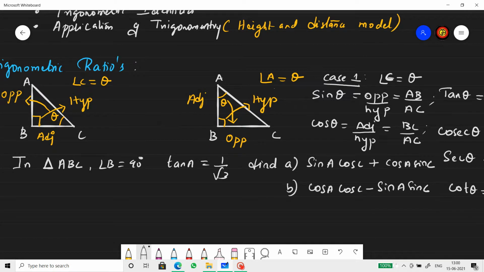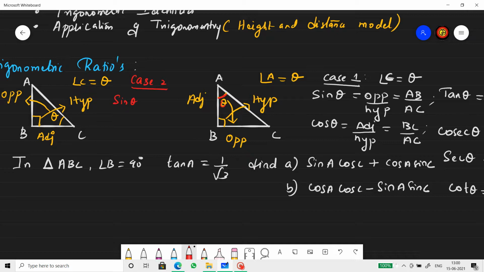Alright. Now, when the triangle is this way, where the angle is at theta, sine is opposite by hypotenuse, but the opposite is BC. So, when I take the case 2 diagram, sine theta, where is the theta?